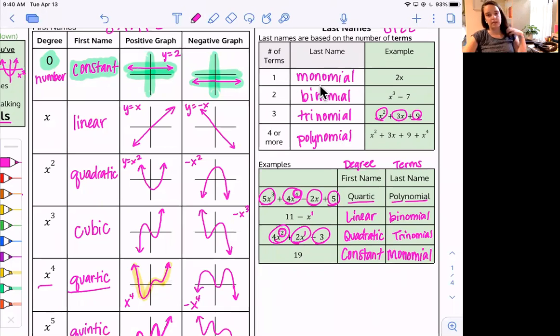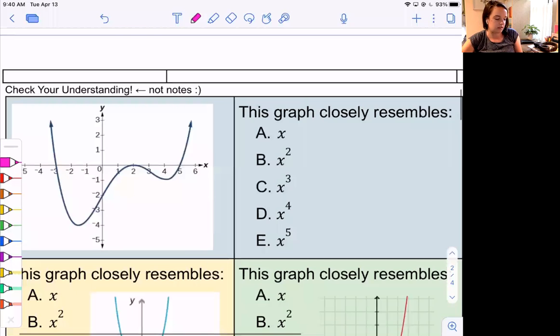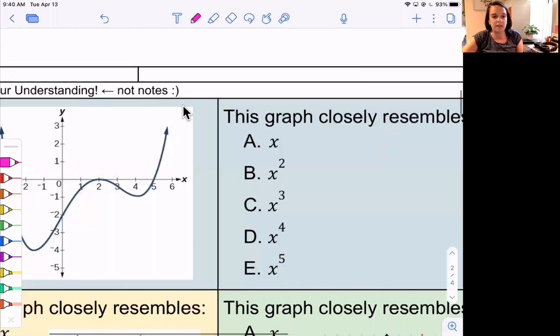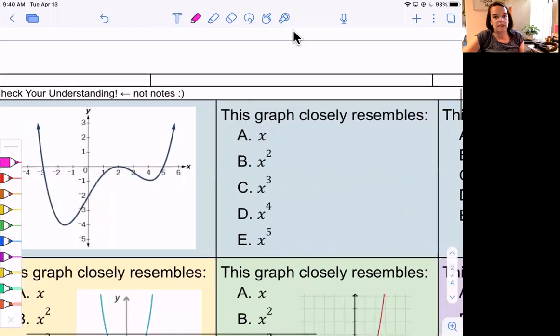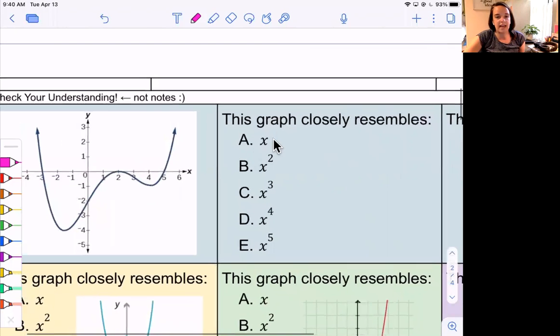All right, here we go. We're gonna do some quick CFUs. I want multiple choice. Here we go. What graph, so we're looking at this blue one here. What graph is this? Is this an x graph, A, this graph right here? Is this x squared? Is this x to the 3rd?